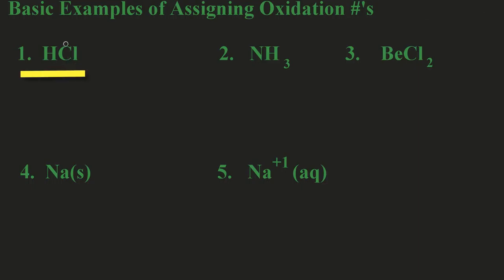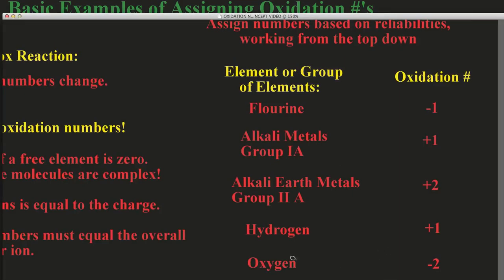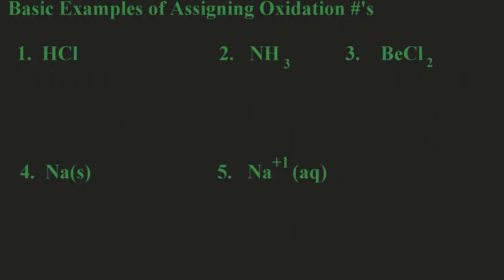Hydrochloric acid, HCl. If you remember on your list of priorities, hydrogen's here, but chlorine is not even on here, right? It's a halogen, group 7A. So what we do is we assign hydrogen a +1 charge and then try to make the overall compound neutral.